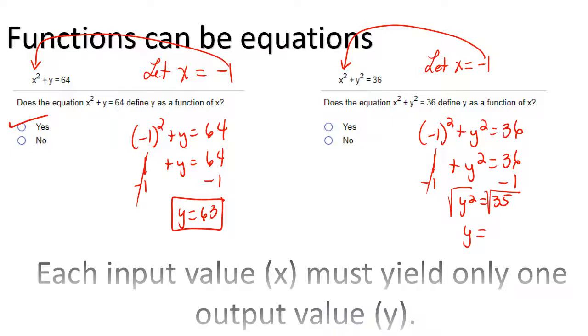So I get y equals plus or minus square root 35. It does not simplify. But remember, plus minus means I have two answers. No, you should not get that with a function. You should have one answer or one output for each single input. So this second example is not a function. But functions can be equations, as you saw in the first example.